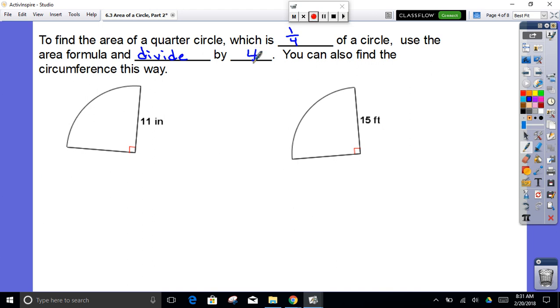And you can also find the circumference. I really should have said the arc length, because you can't really find the circumference since you're not going the whole way around the circle. But you can find the circumference, divide it by 4 to find the arc length, which is that part of the outside of the circle.